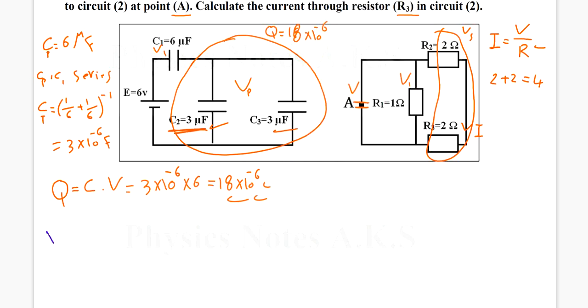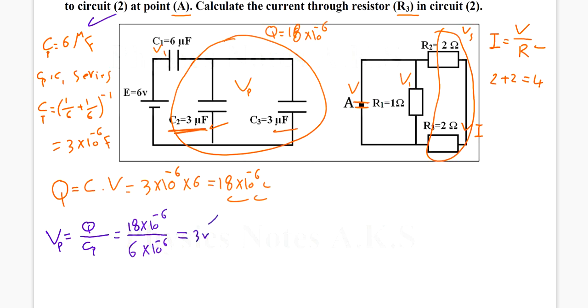Now I can find the VP, the voltage in the parallel combination, which is going to be Q over C parallel. Q, we just agreed it is 18 multiplied by 10 to the power negative 6, and the C parallel, we just found it right here, it is 6 microfarad, which is multiplied by 10 to the power negative 6, and the answer will be 3 volts.